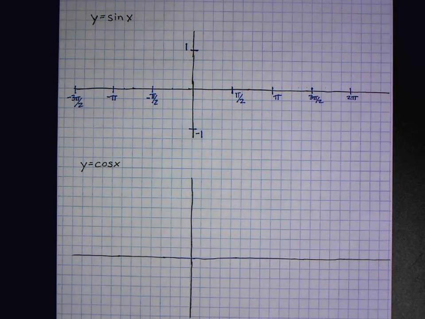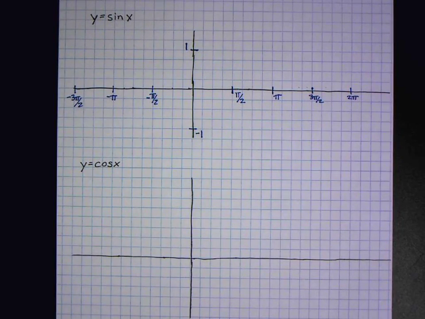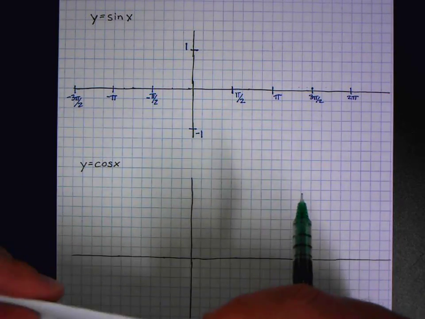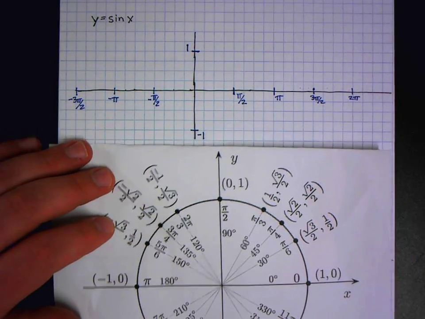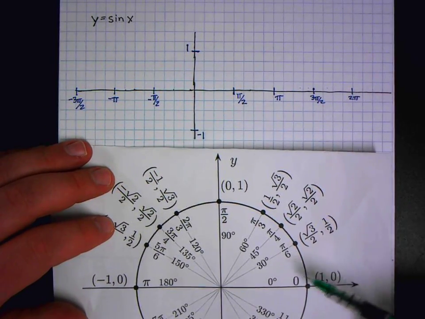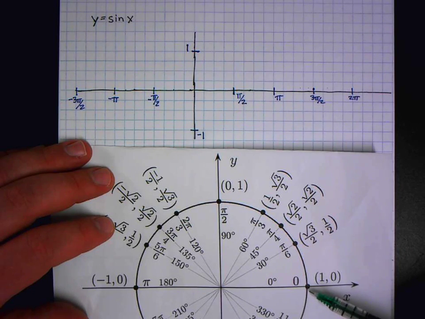Okay, so now I'm going to go back and use my unit circle to figure this out. I can put this on here in case you need a visual or you guys have your own unit circles. All right, so at 0, what does sine equal? Remember, sine equals the y values. 0.